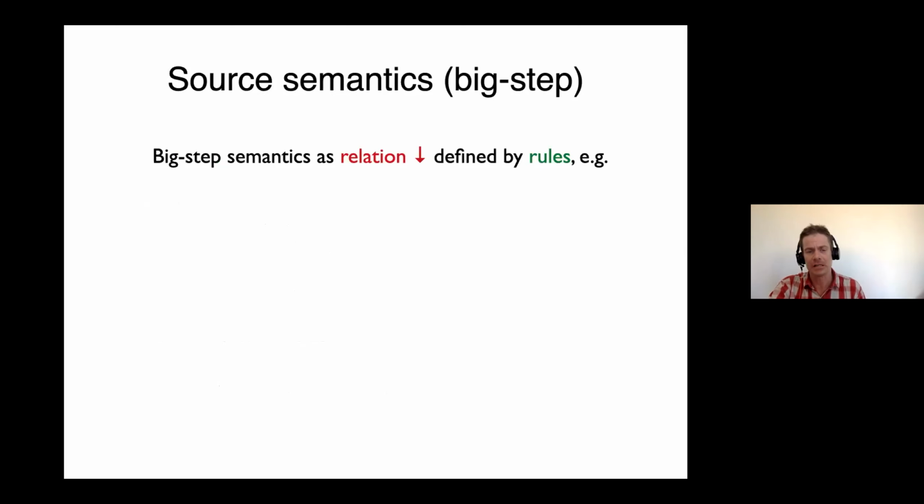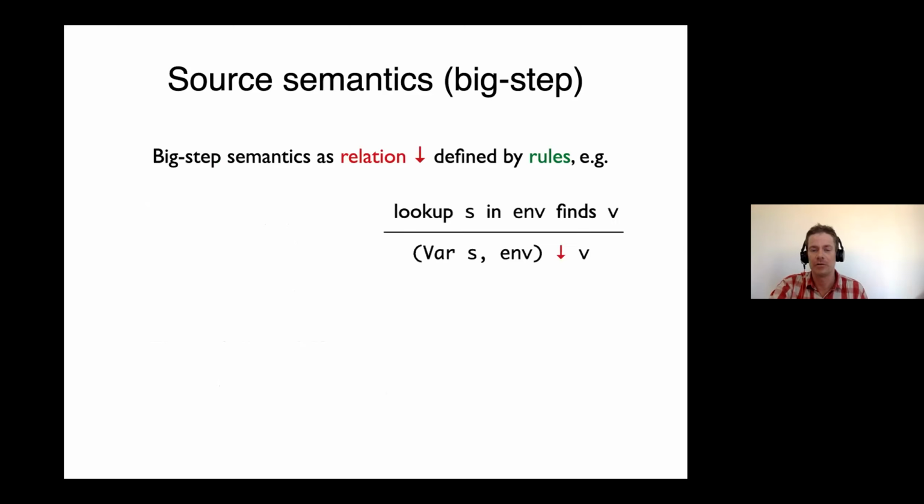The semantics here, the big step semantics, is defined as a relation defined by rules. We have a rule saying that a variable s in an environment evaluates to a value v if you can look up that variable name in the environment and find v.